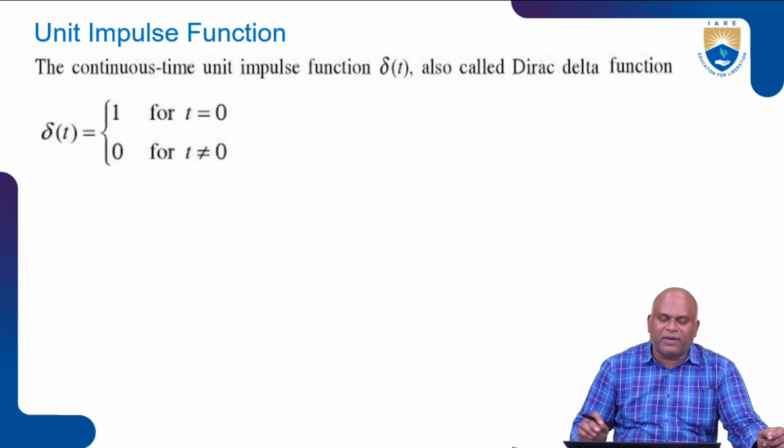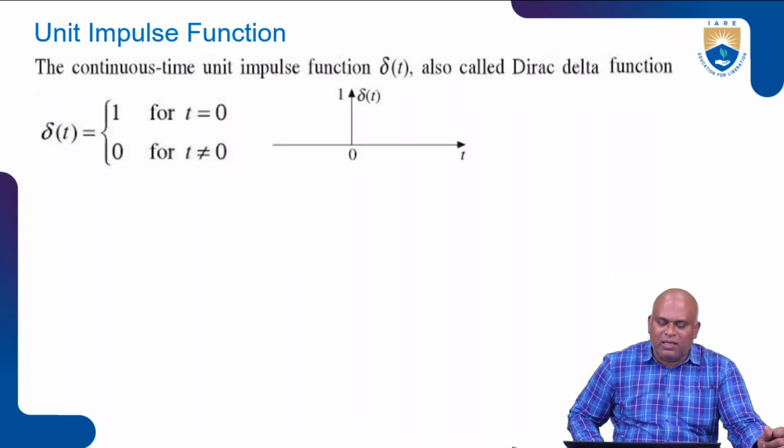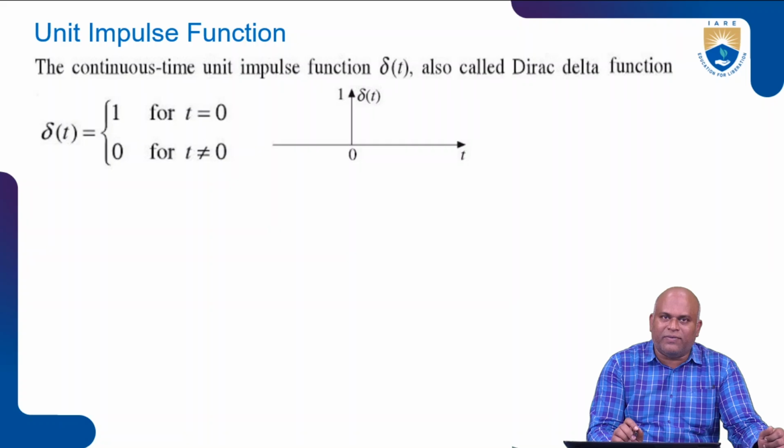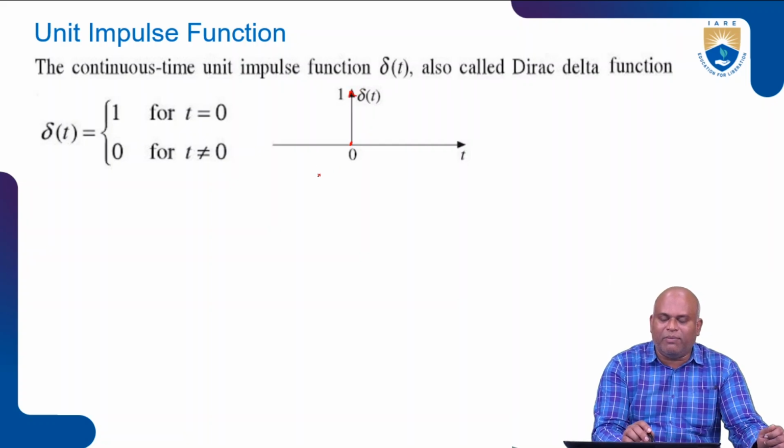This Dirac delta function is represented as a mathematical model: delta of t is equal to 1 for t equal to 0, and 0 for t not equal to 0. In the graphical representation of the continuous time signal, when t equal to 0, the amplitude is equal to 1. The remaining portion is all represented as 0.